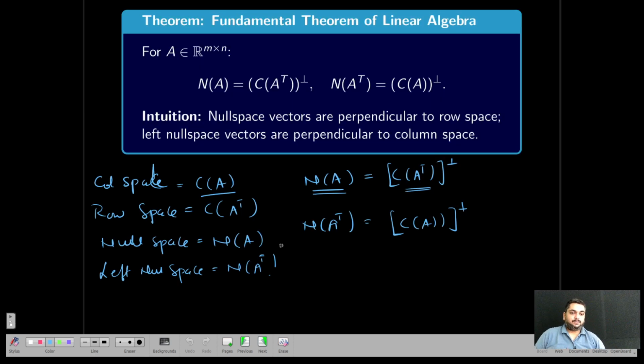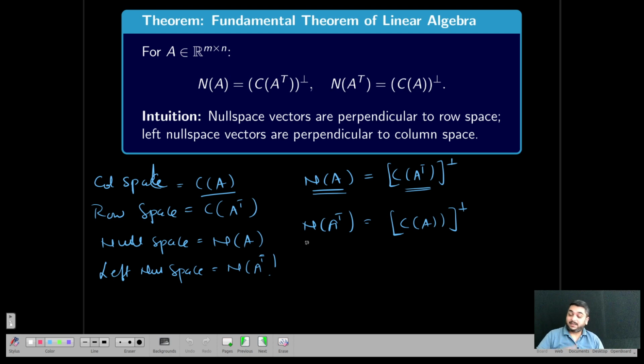So what exactly does it mean? If the null space dimension is not equal to 0, then only will we have infinitely many solutions.